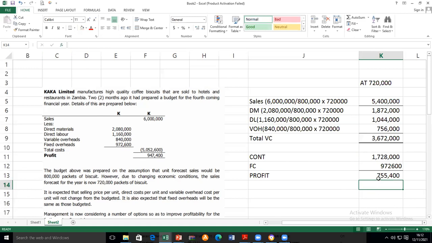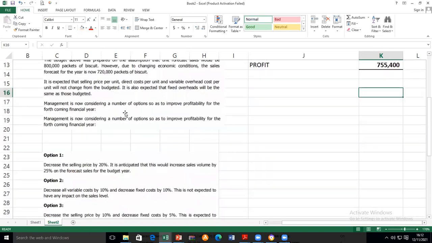Okay, so this is what was required. If you notice, there's some resemblance to the concept that we are looking at. What concept was that? Flexing the budget. It's like we just flex the budget, isn't it? We just flex the budget.